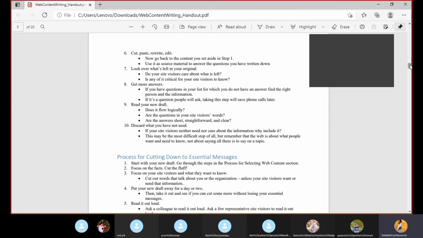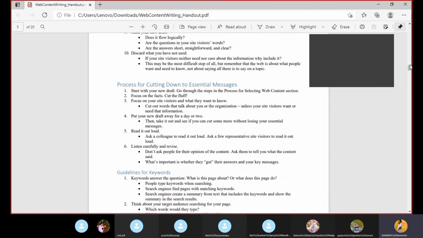And now we are going to the following topic, which is about the process for cutting down to the essential messages. Usually this goes after selecting web page content, because now you cut it down. This is the process where you cut down to the essential messages.